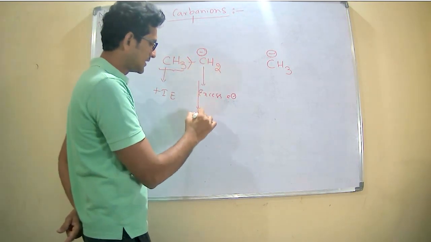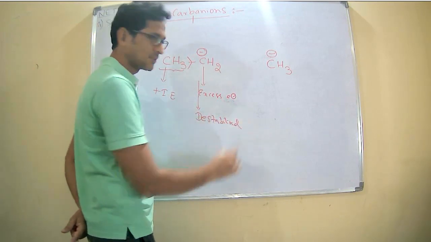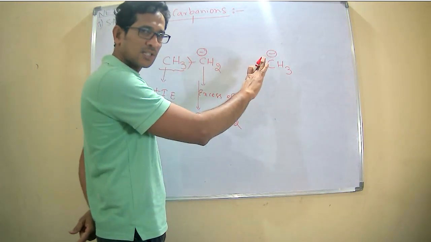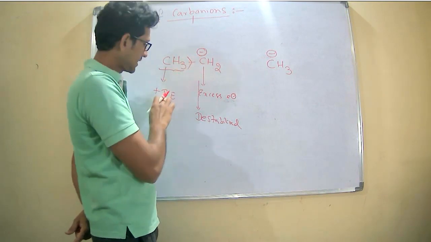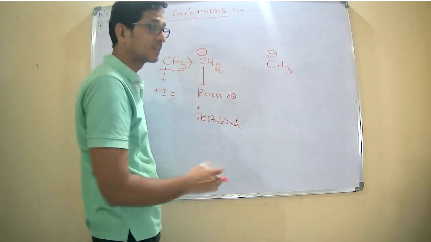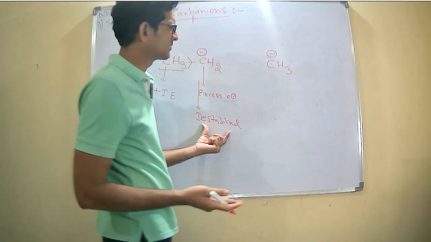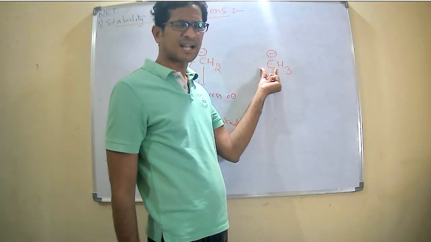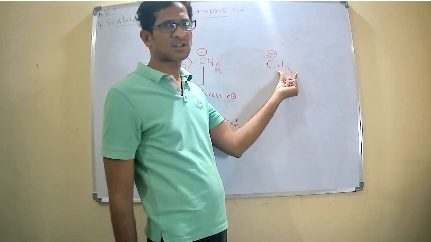This is destabilized. Actually, it should donate electrons to the other species, but the group adjacent to it is an electron releasing group. It is releasing electrons, so it becomes more excess. So it is destabilizing.